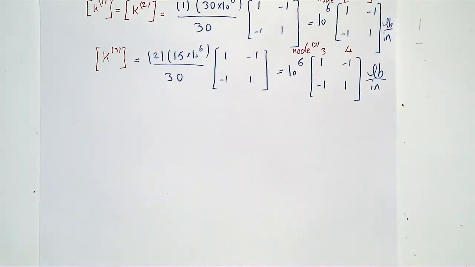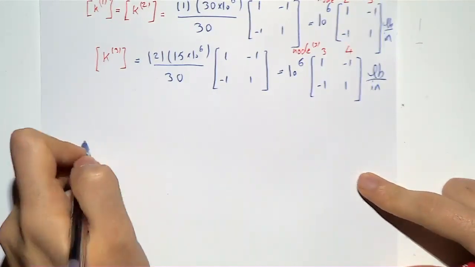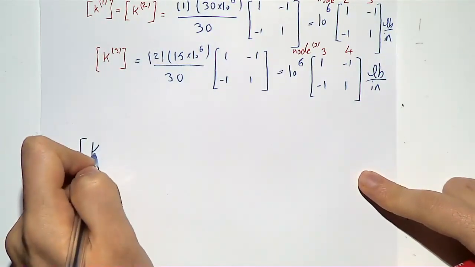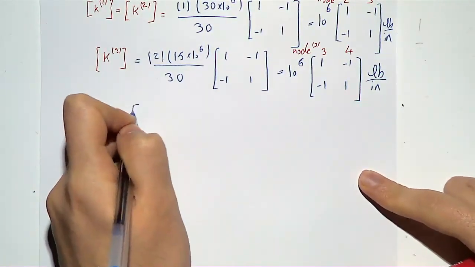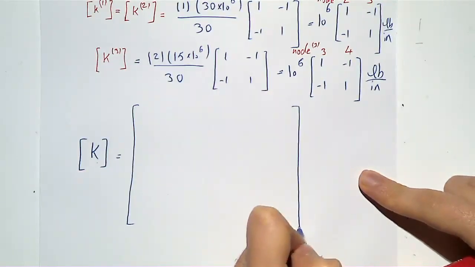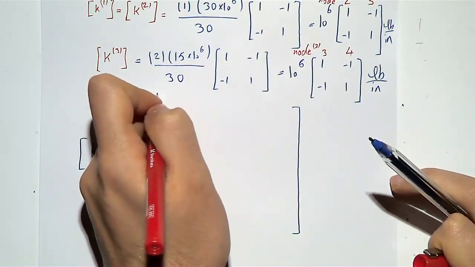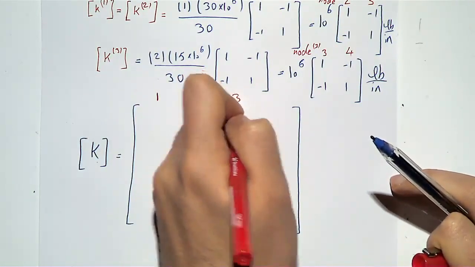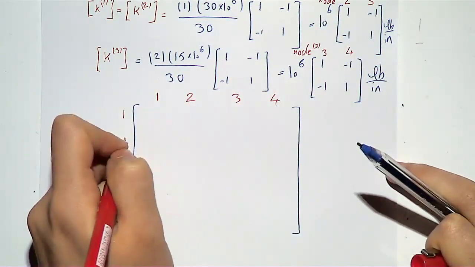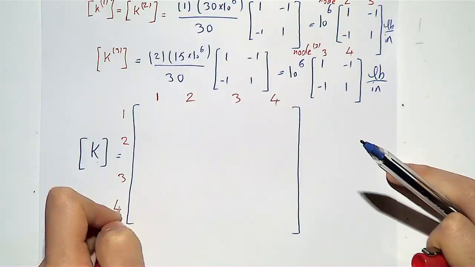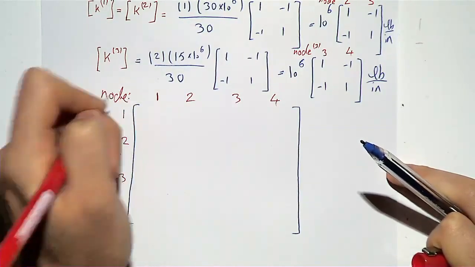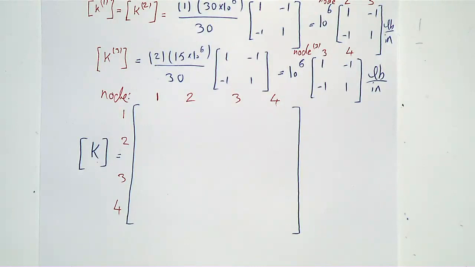So I'm going to draw a blank 4x4 matrix for capital K. Column 1 corresponds to node number 1, 2, 3, 4, and the same for the rows. Now we have the size of the global k matrix.